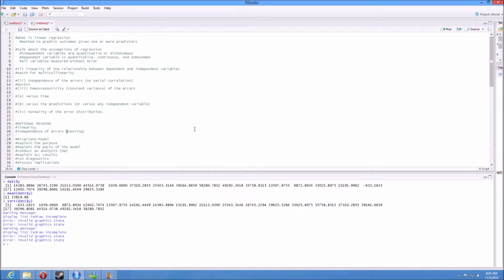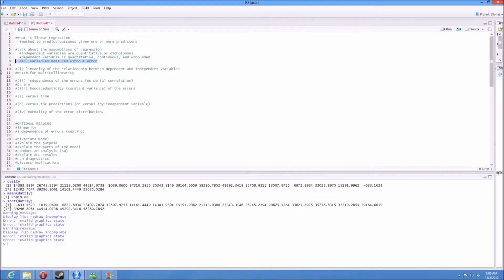Now, you can't just throw variables into these models without looking at them carefully, because what we can start to do is violate assumptions of a linear model, and that can lead to errors of inference. When you're looking at these models, it can also affect the power of the data. So the main assumption that's violated all the time is that all variables are measured without error.